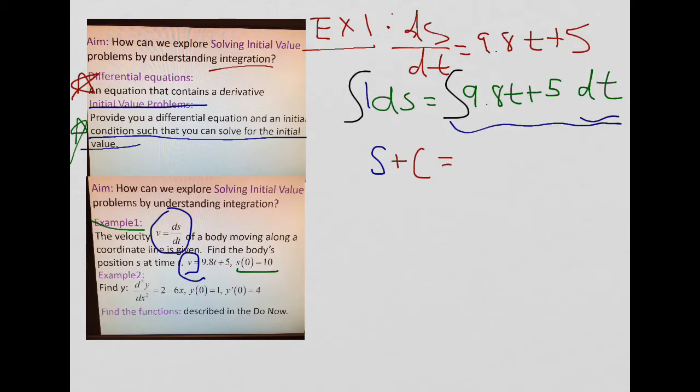Now, on the right-hand side, we're going to end up with 4.9 t squared plus t plus c. Now, if you think of the constant here as a different constant than here, then you can understand if I subtract it over, you're going to end up with a constant on the right-hand side. So that's exactly what happens.